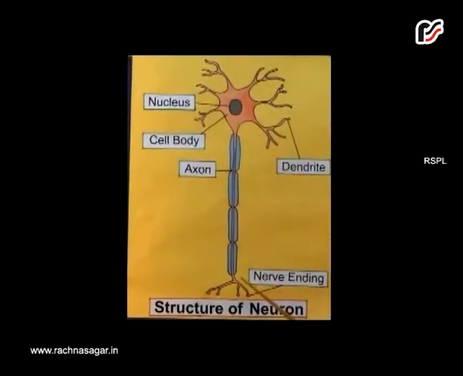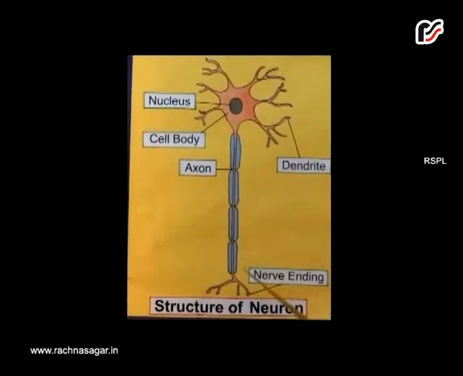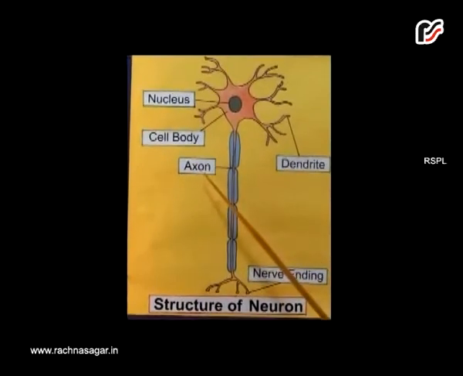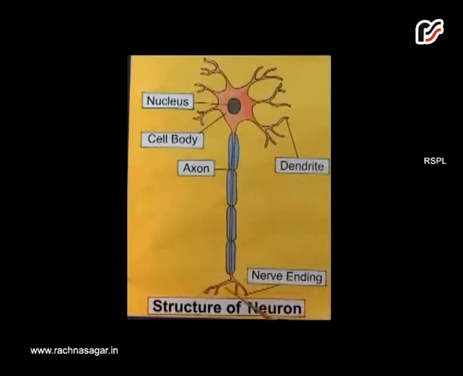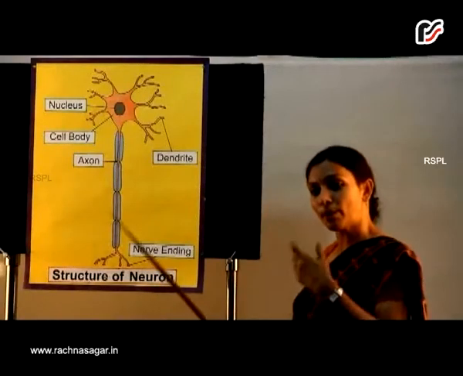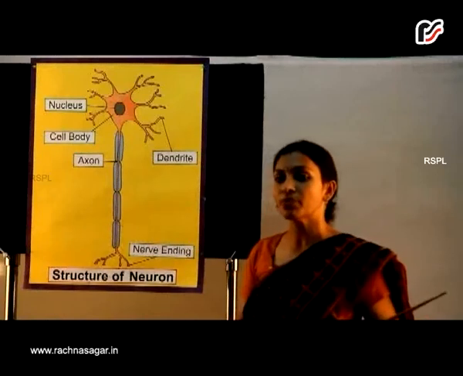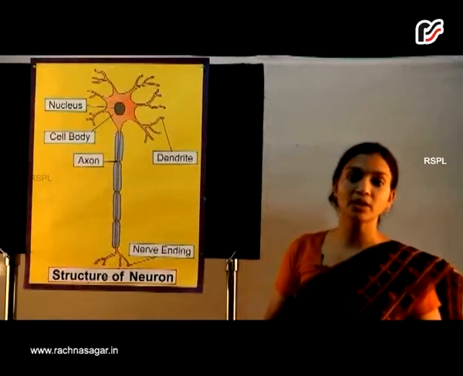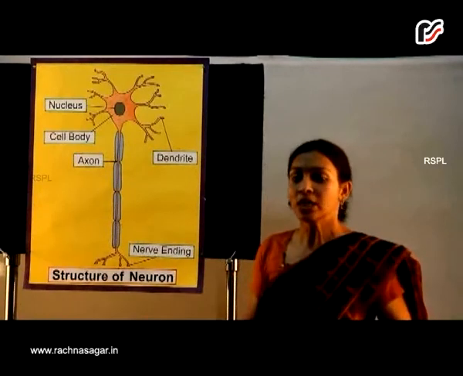Then make a longer branch. Over it draw an additional sheath. This is known as the axon, label that part also. Then nerve endings, label this part also, because labeling is important and it fetches marks. Without labeling you will get only half marks.